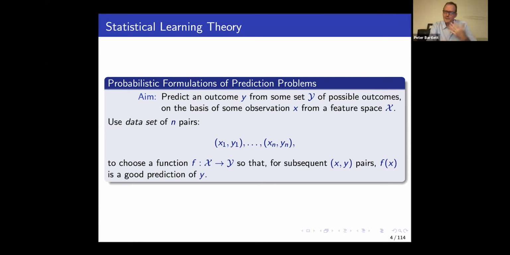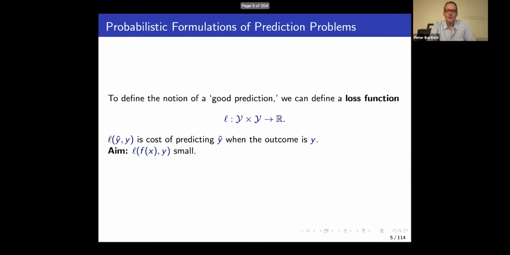To formalize that, we do it in a decision theoretic setting, where we talk about the utility of a prediction, or the loss of a prediction. So we define some sort of loss function that maps from pairs of these outcomes to the reals. Typically, that's going to be a bounded range. We usually think of these losses as being positive. And the loss of a prediction Y hat in the face of an outcome Y is just the cost of making that prediction.